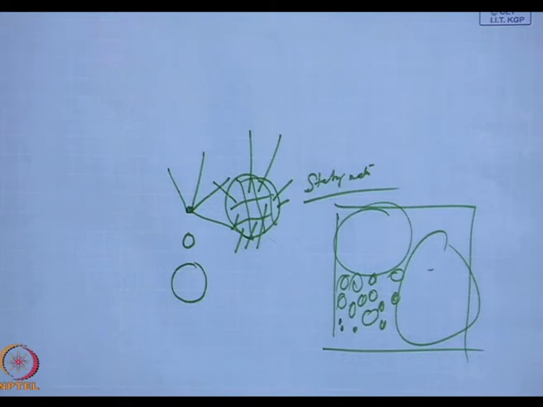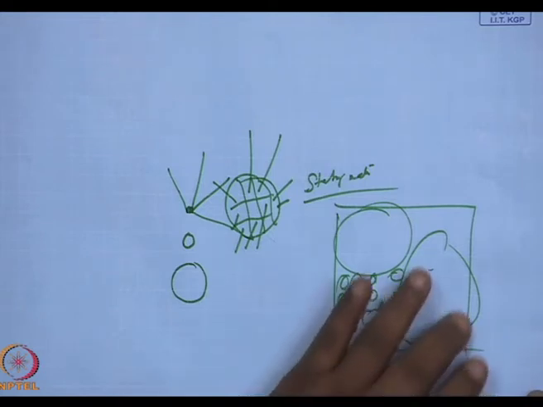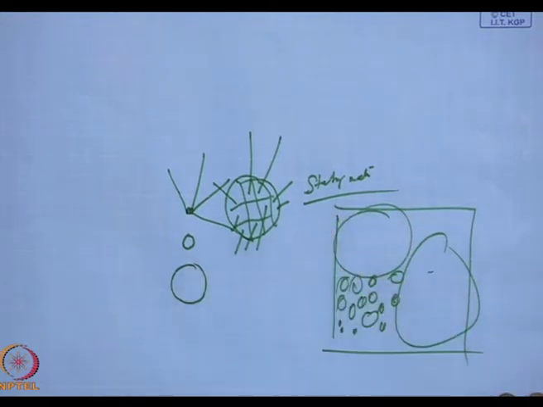In that case, if it grows very randomly, then what you can have is this sort of an inhomogeneous coating which serves no purpose.